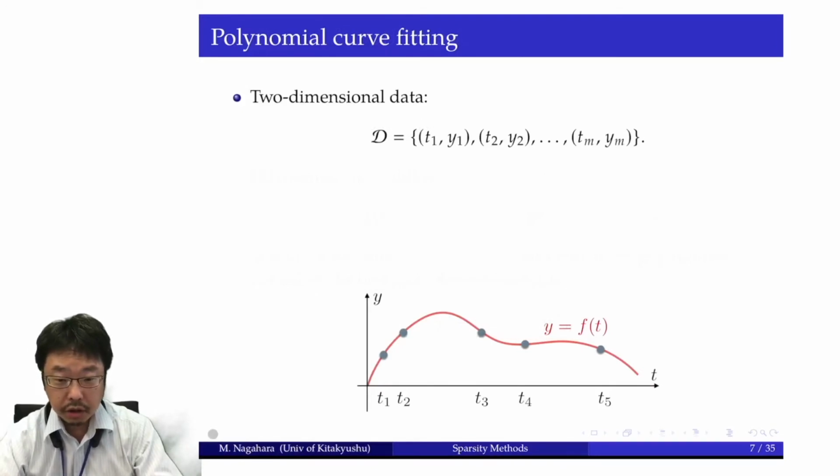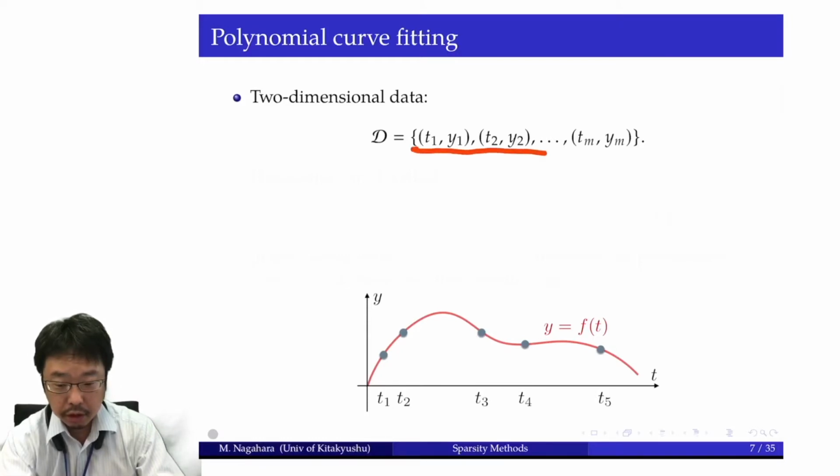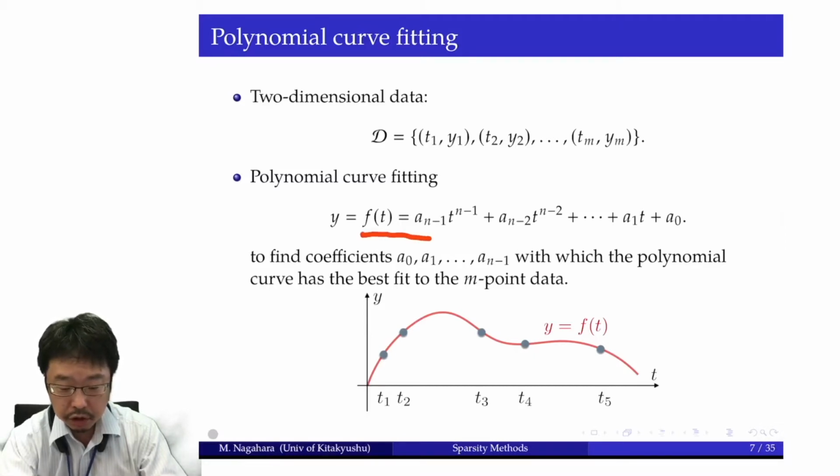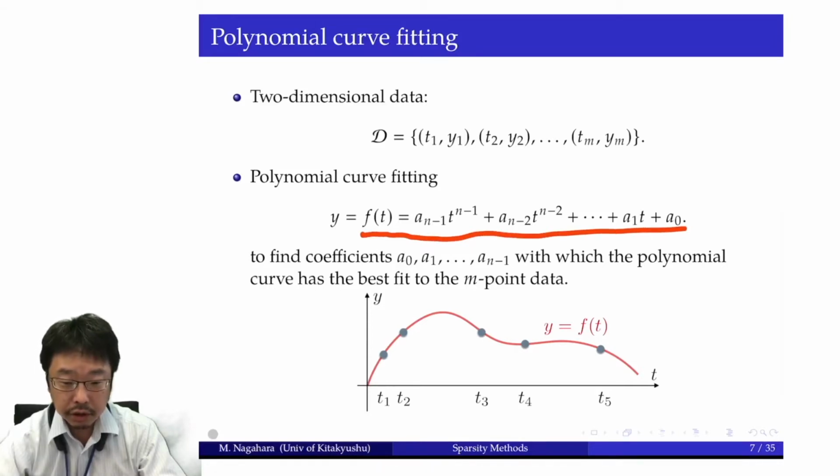Here we consider the problem of polynomial curve fitting. We have two-dimensional data D given by this. Namely, D is a set of pairs (t1, y1), (t2, y2), up to (tm, ym). Then, polynomial curve fitting is to find a polynomial f(t), which is given by this, to explain the data.